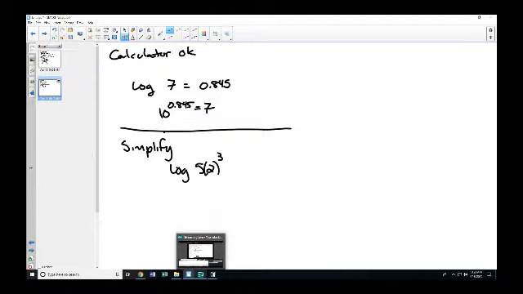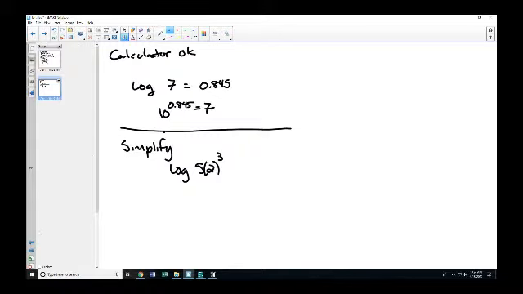Didn't used to be the case, but now it is. But if you see something like that, you can manipulate it with the properties of logs. I would suggest you do that for practice, for that memory quiz. For instance, what can you do with an exponent here based on the properties of logs?